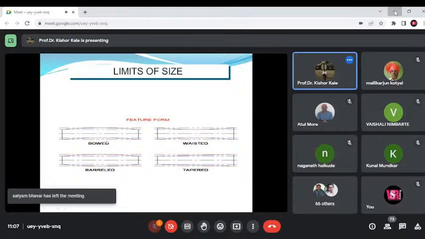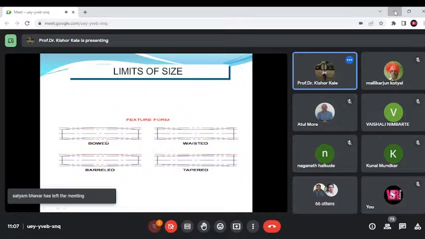So actually two things are there. While specifying the dimension, one has to look at for what purpose this particular feature is required in the assembly, what its function is, and how it works. Accordingly the tolerances are given, and the 1, 2, 3 datums are required depending upon its function, how it fits in the assembly.